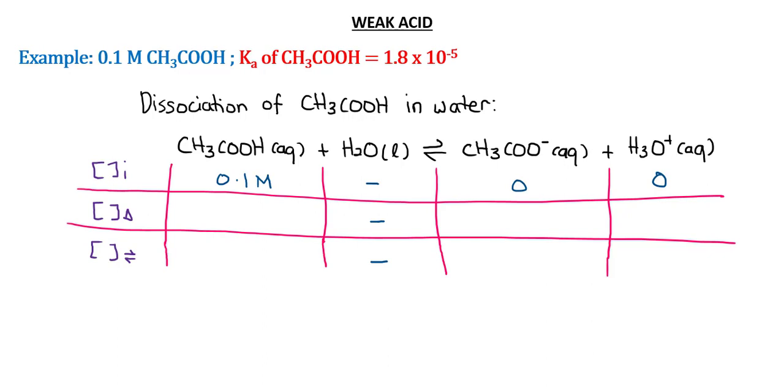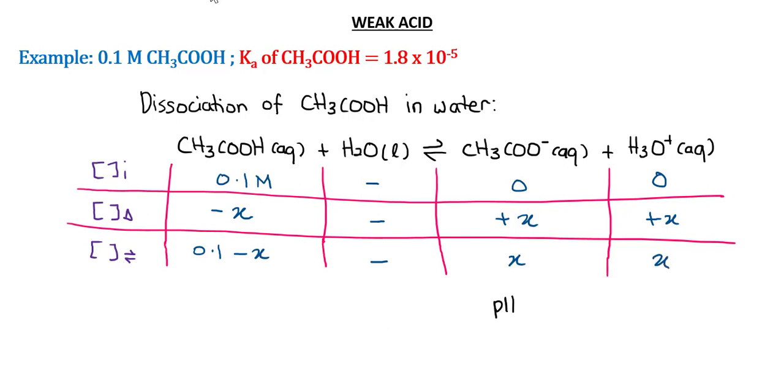For the reactant, our acid will decrease by X. Again, it depends on the stoichiometric coefficient, and our ion products will increase by X since we have 1 mole of each product. At equilibrium, the concentration of our acid is 0.1 minus X and the concentration of our 2 ions is X.